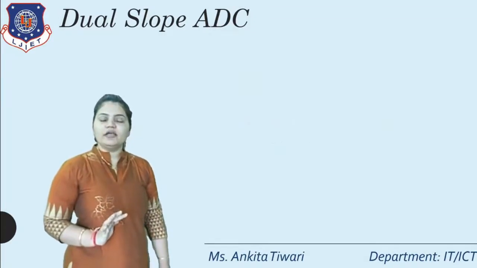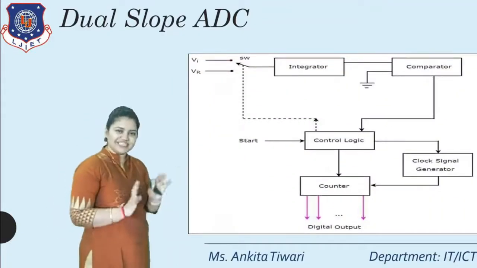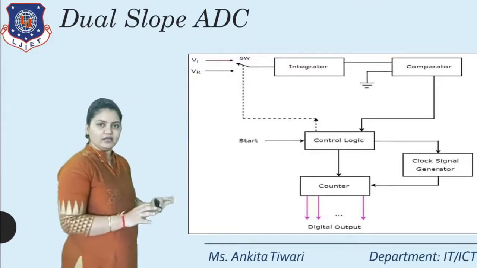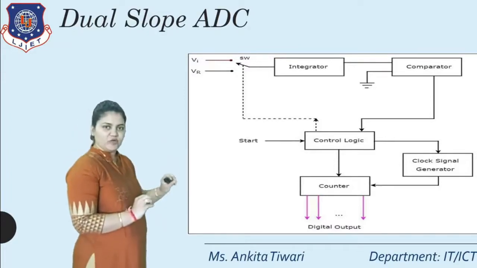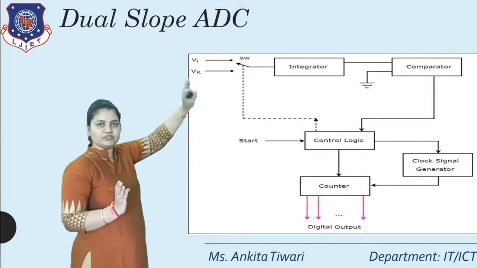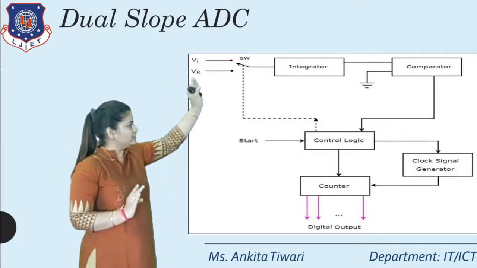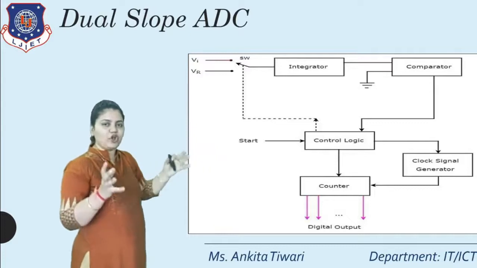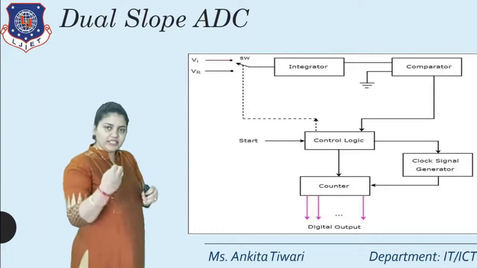Whenever we are talking about the circuit, we need to understand the basic block diagram. This diagram is a basic thing which will have the 5 components and show how these components work. As we can see, the first is the integrator, where the voltage is applied. That is applied to the comparator. Now the comparator goes to the control logic, where the logic will be created in order to compare the voltage and the input signal.